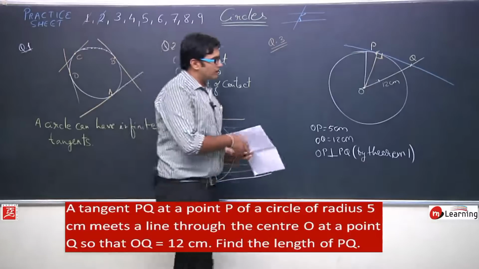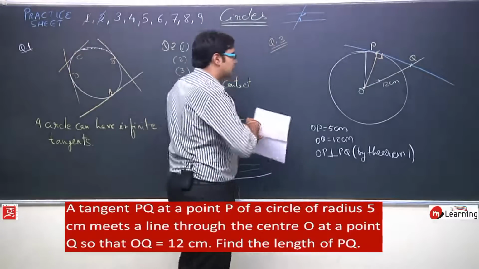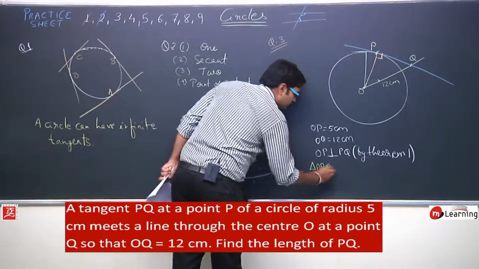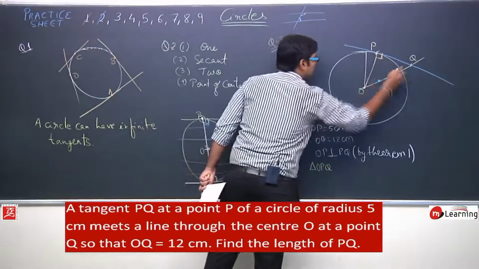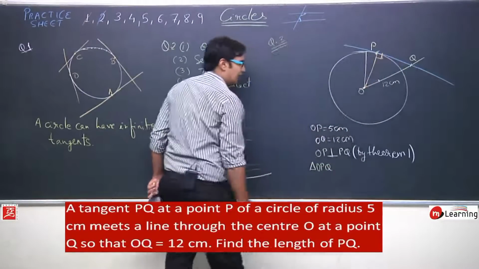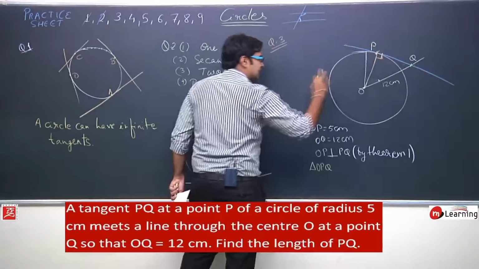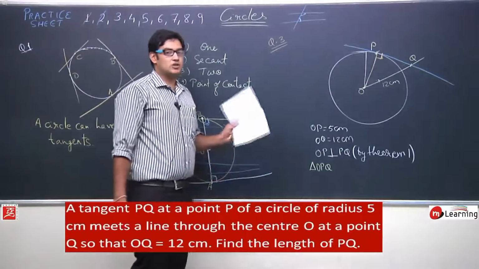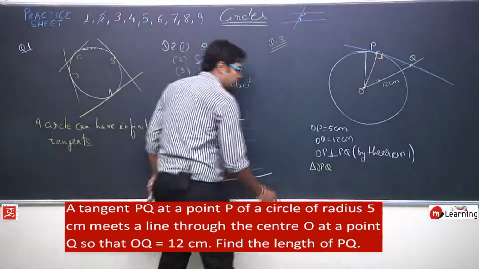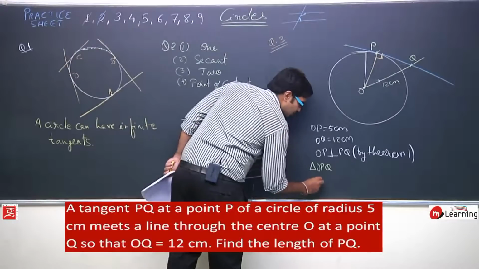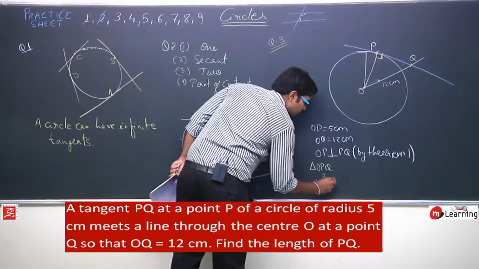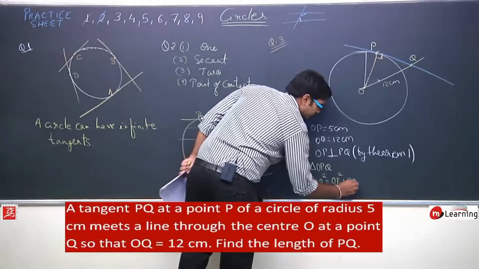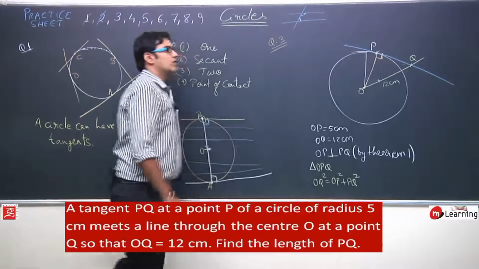Now since OP is perpendicular to PQ, observe the triangle OPQ. In triangle OPQ, you have this angle as 90 degrees. So if angle P is 90 degrees, I can apply the Pythagoras theorem to this triangle. By applying the Pythagoras theorem, OQ square is equal to OP square plus PQ square.